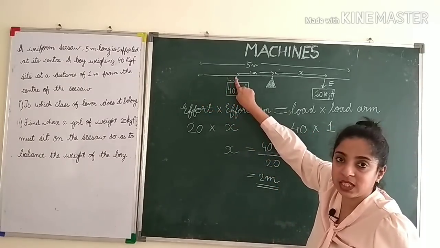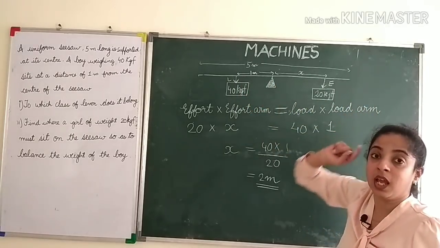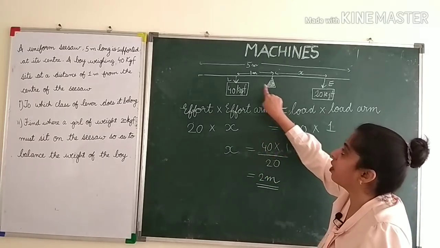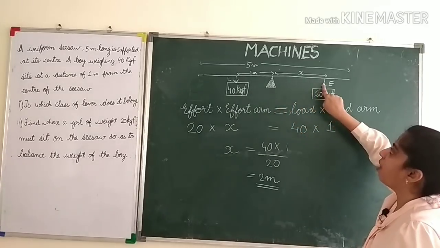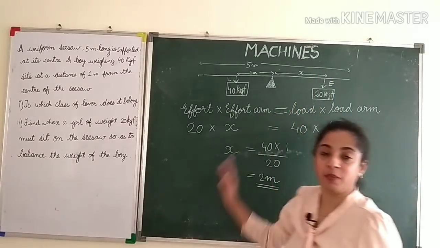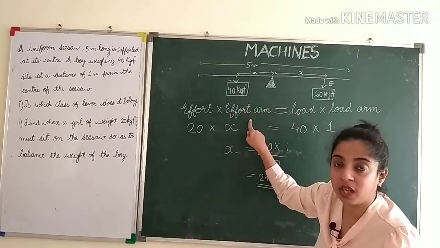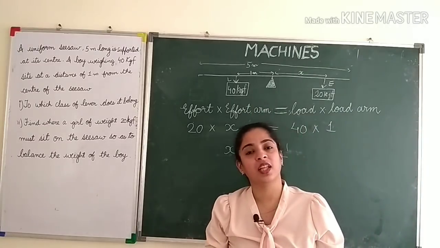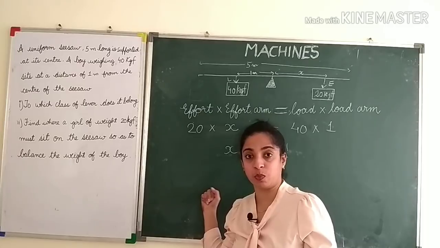They can give the distance from here or from here, any distance. What you have to calculate is the distance between fulcrum and load and the distance between fulcrum and effort from the question given. If you are able to write everything here, effort, effort arm, load and load arm from the question itself, then you will be able to solve all types of problems that come from this part.